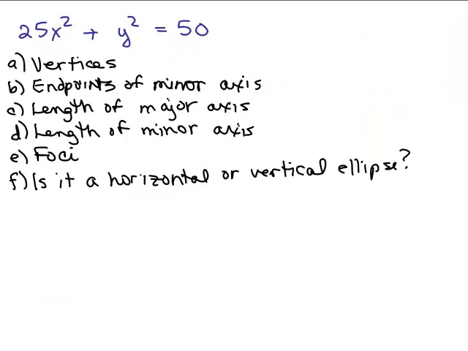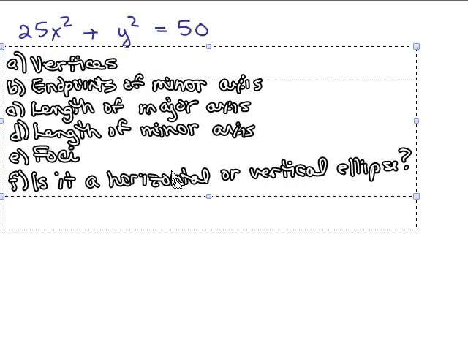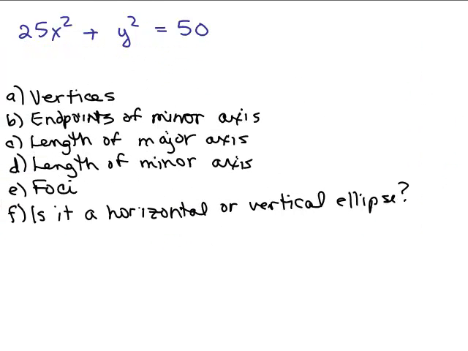All right, next problem. It's not in standard form, so let's put it in standard form by dividing both the numerator and denominator by 50, so it's equal to 1. So if I divide everything by 50, I get the new equation, x squared over 2, which I'm going to write as square root of 2 squared.